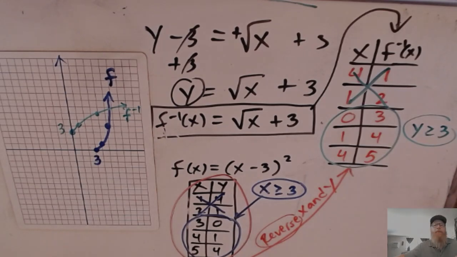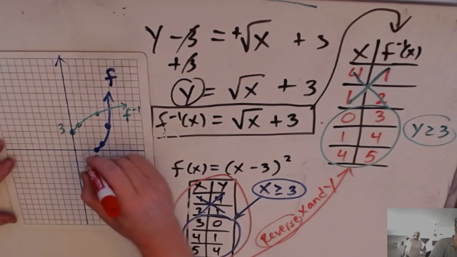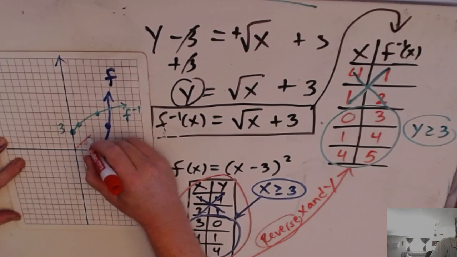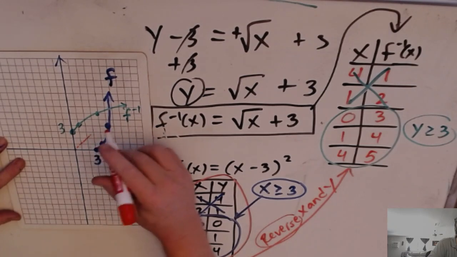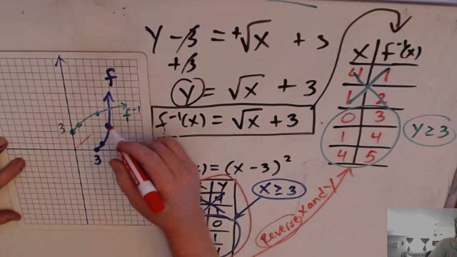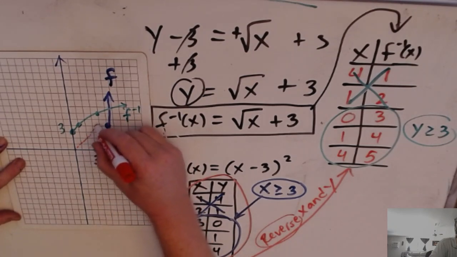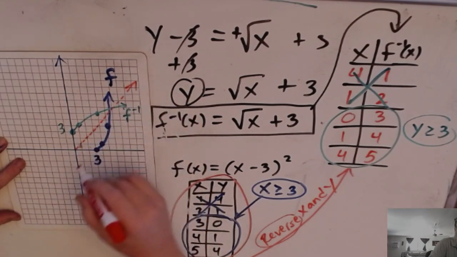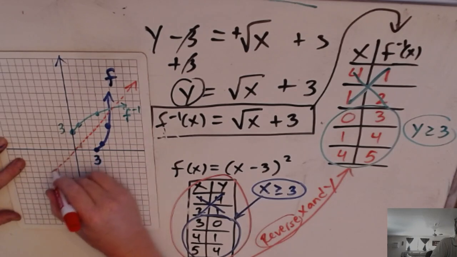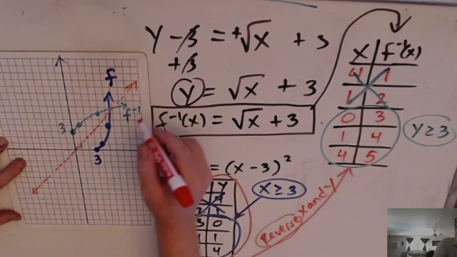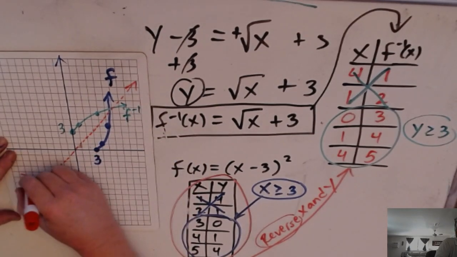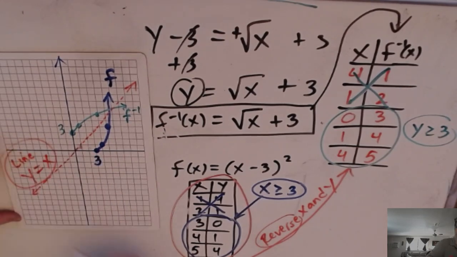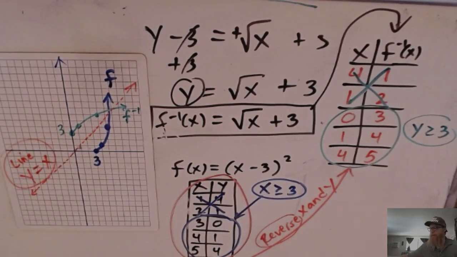Okay. You'll notice that there's a symmetry. This is the line y equals x. All right.